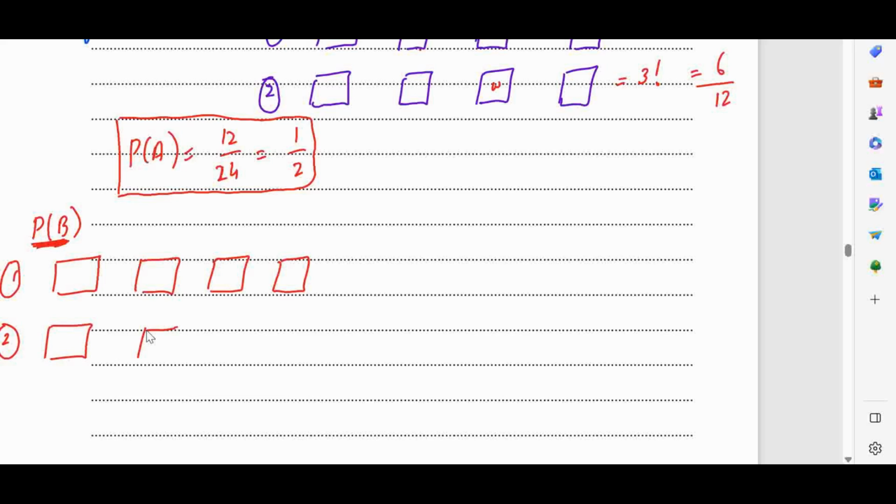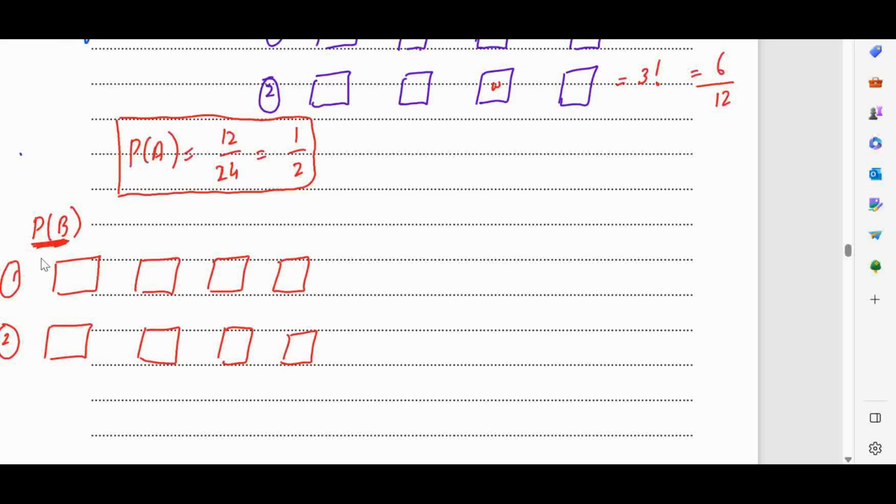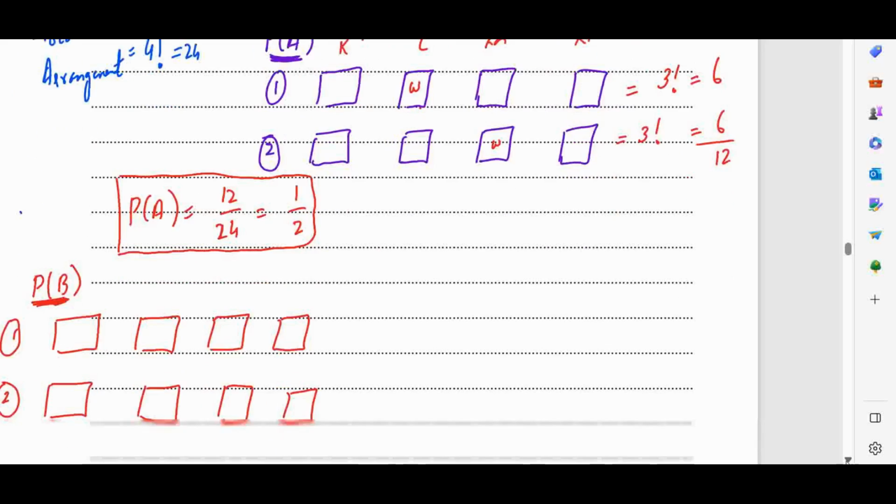Again 1, 2, 3, 4. Now let's see the condition first. The red marble is on the left of both the green marble and the yellow marble. So let's move over there.